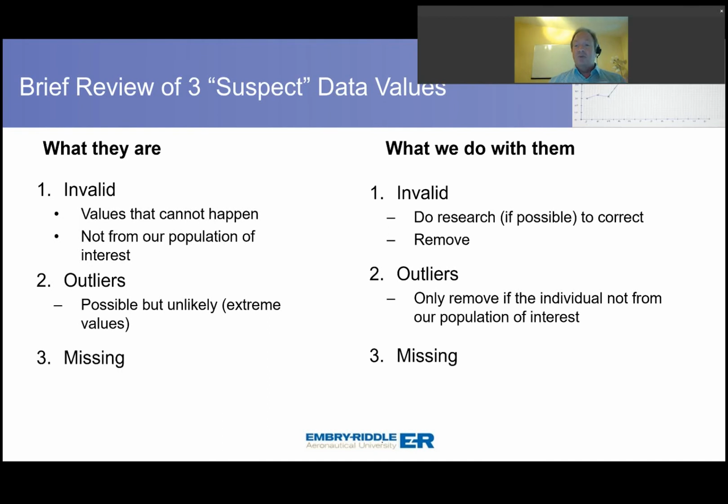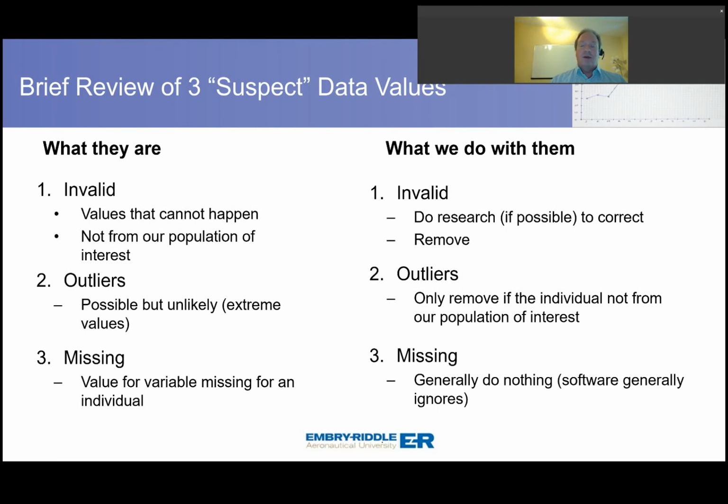Last but not least, we can have missing data values, and these are, like their name sounds, values of the variable for which we do not have data on a particular individual. What do we do with missing data values? The book goes into a long explanation, and while I won't argue with the book as to what they talk about and what they say, the reality is that most of the time we don't understand why the data is missing.